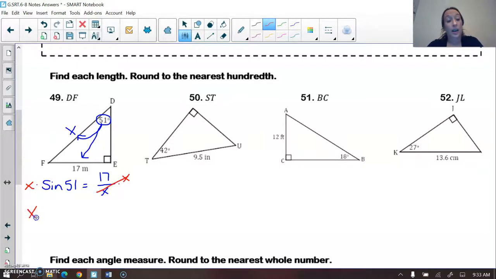So now I have X times the sine of 51 is equal to 17. Now to get X by itself, it's being multiplied by the sine of 51, so we are going to divide by the sine of 51.